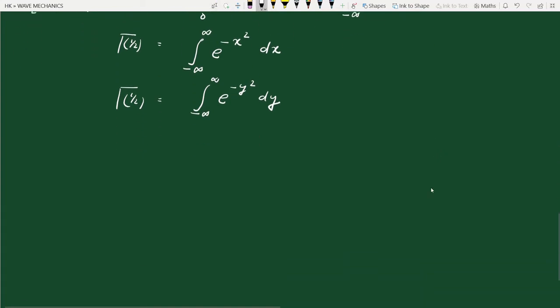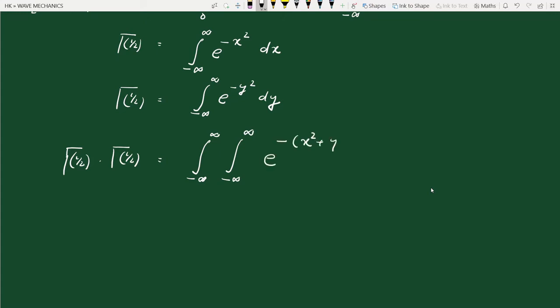So we have gamma half into gamma half, one written in terms of x, the other in terms of y. So there are two integrals, e raised to minus x square into e raised to minus y square, which I can combine as e raised to minus x square plus y square, then dx dy.